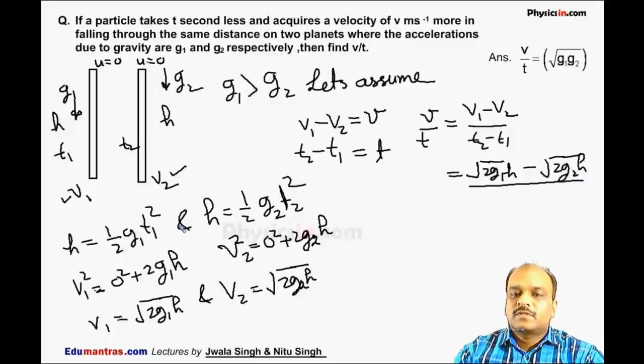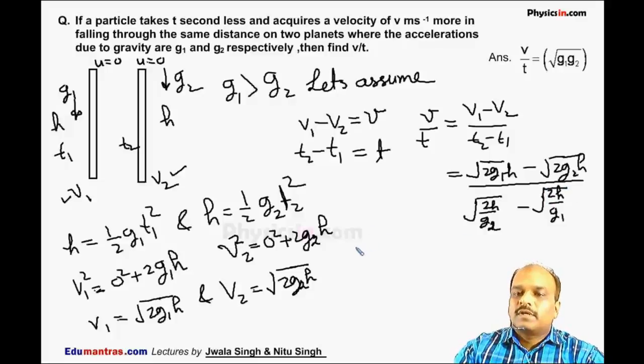From the first expression we can say t1 is equal to root over 2h by g1, and t2 is equal to root over 2h by g2.